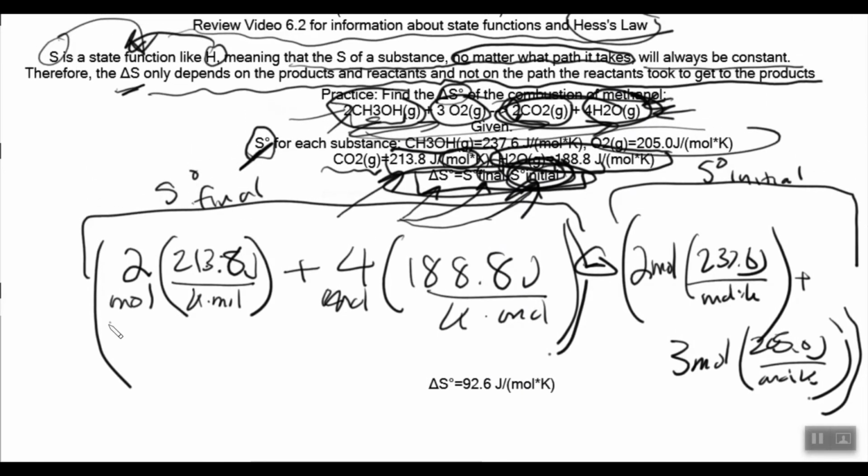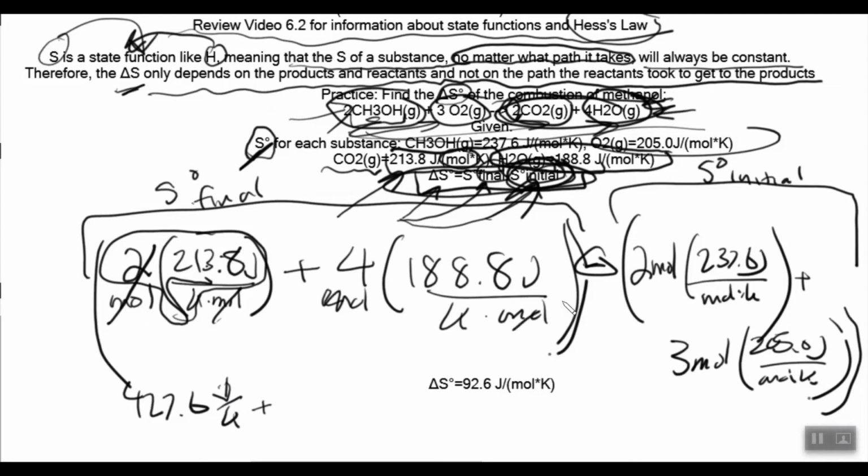So notice how the moles cancel out, and you end up with an entropy value of 2 times 213.8 joules per Kelvin. So if we do the math, 2 times 213.8 is going to be 427.6 joules per Kelvin plus 4 times 188.8 to get 755.2 joules per Kelvin.